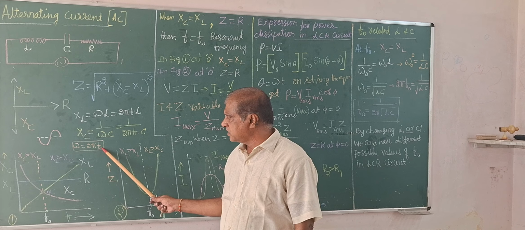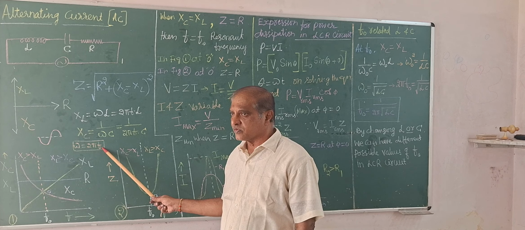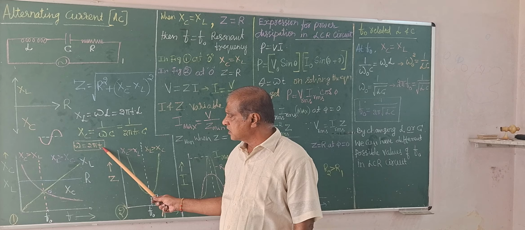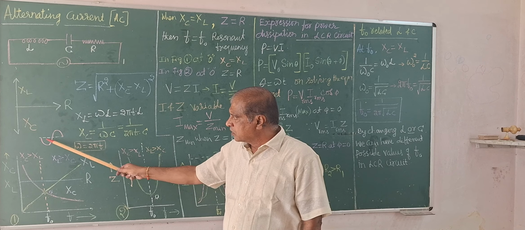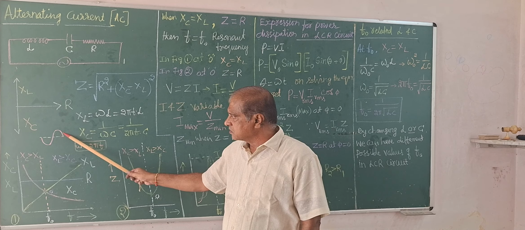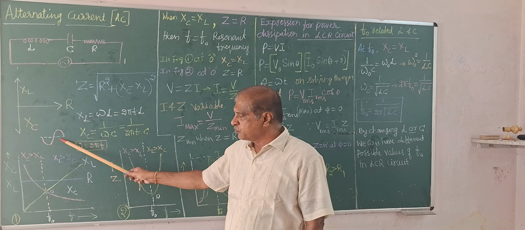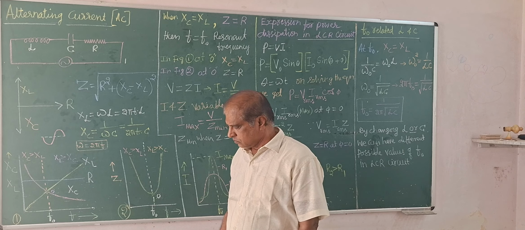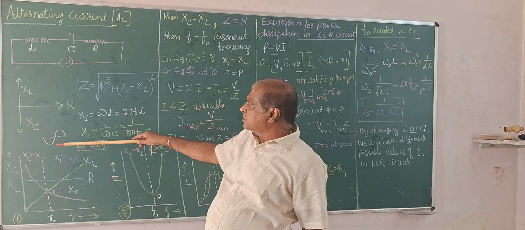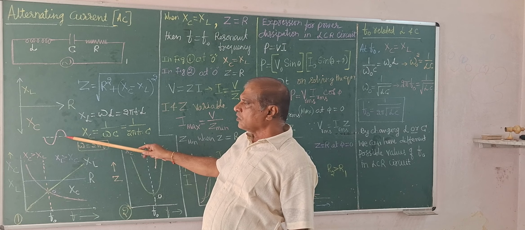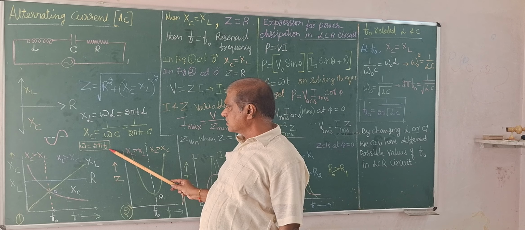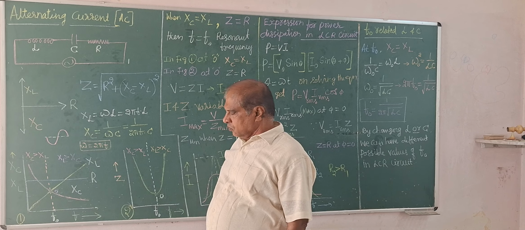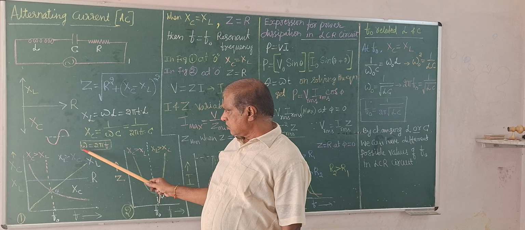What is meant by linear frequency? Linear frequency is the number of waves like this, number of cycles like this. This is an AC cycle, which may be voltage or current. The number of cycles produced in 1 second is called linear frequency.